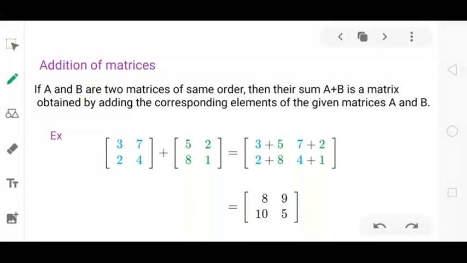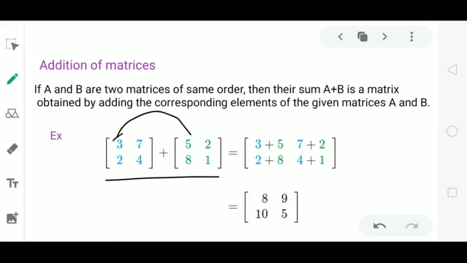Look at the following example. Here we are adding two matrices. How can we add two matrices? We just add their corresponding elements. That is, first element of first matrix is added to first element of second matrix.